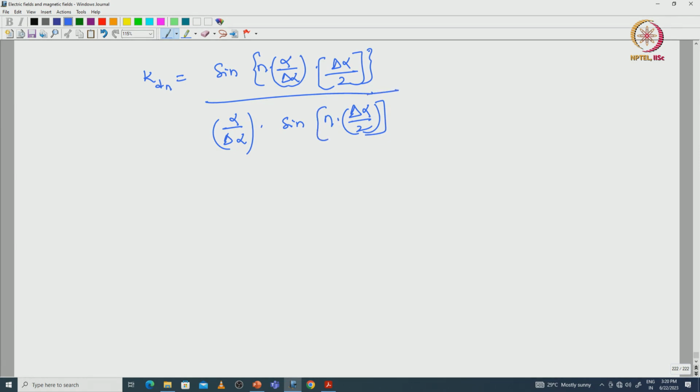This is the skewing factor. Here what we have substituted is Q is equals to alpha by delta alpha, that is phase spread with respect to the single bar combination of small straight bars, and beta is equals to delta alpha or alpha, skewing angle with respect to one particular slot.